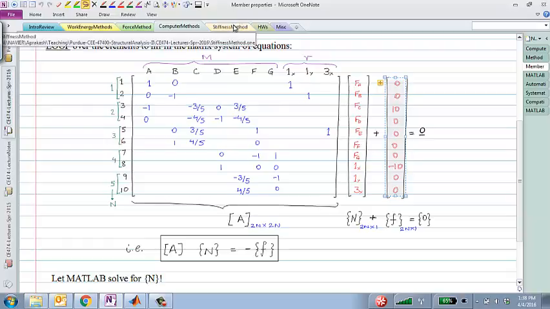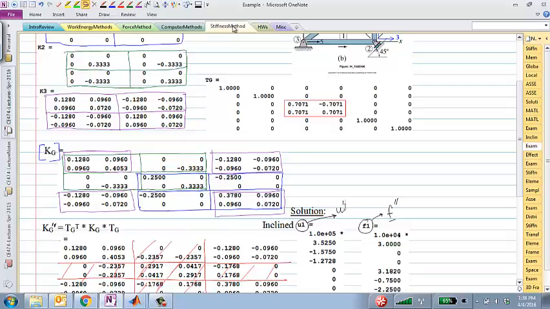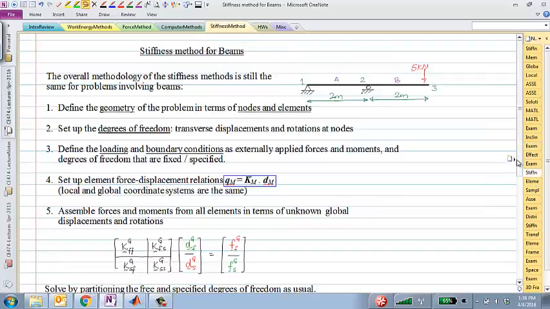Okay, so let's start with this related but new topic, again for the stiffness method. The idea, as I told you, for the stiffness method is that we want to decompose a structure into its component parts.